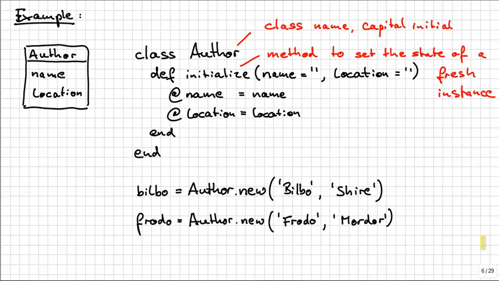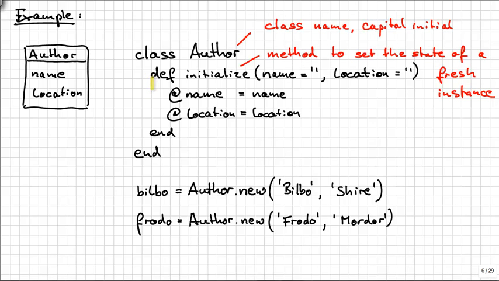So we start with the author class. As you can see here, class names are capitalized, so the first letter is always a capital letter. Then within the scope defined by the class, we are able to define methods.